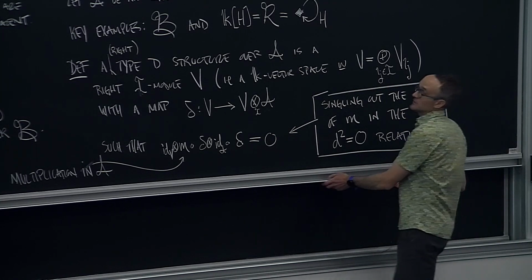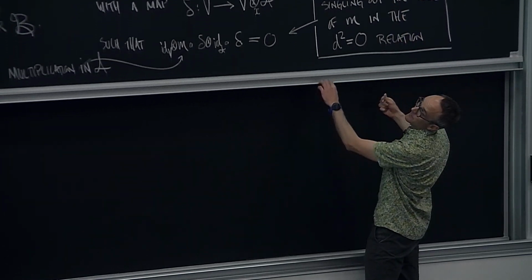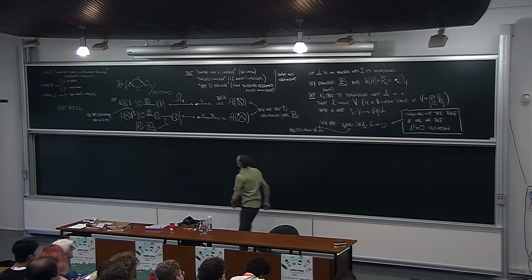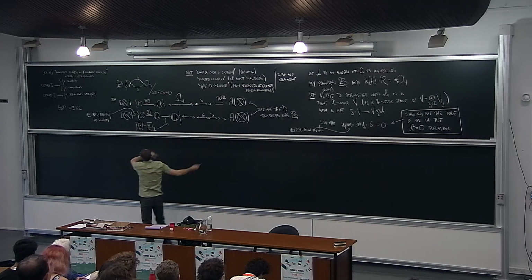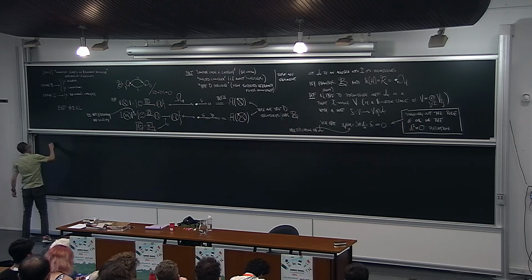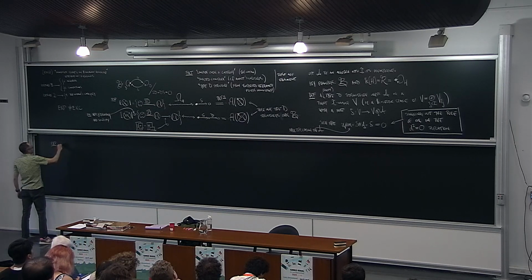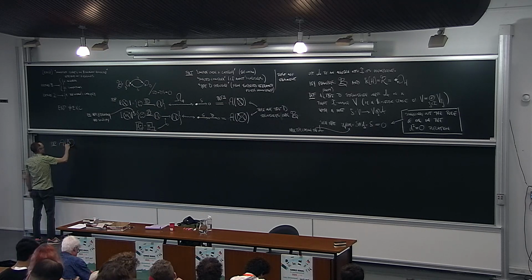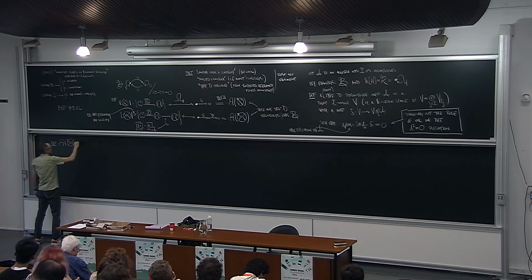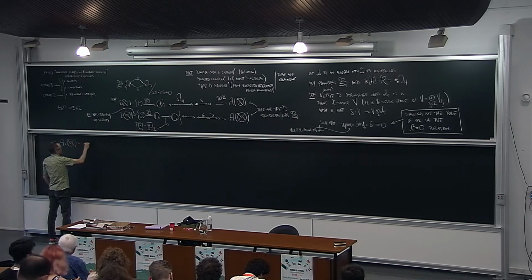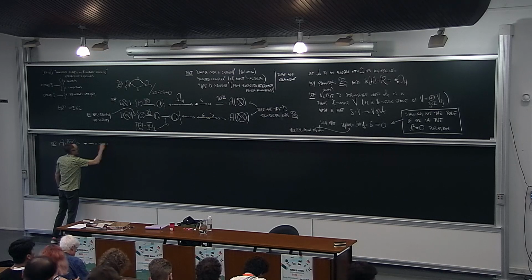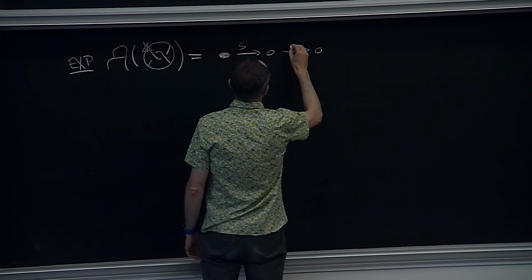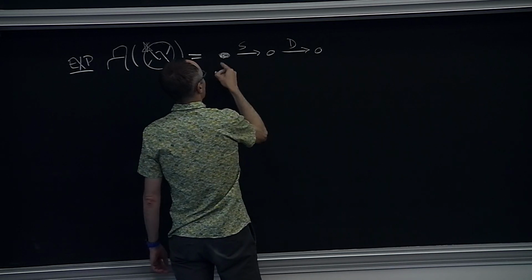So let me just do an example. That means that here is supposed to be a type D structure. So I have my Cyrillic D of marked tangle, 2 crossings. This is great. And I have a saddle, and I have a dot. And let me now call these generators something.